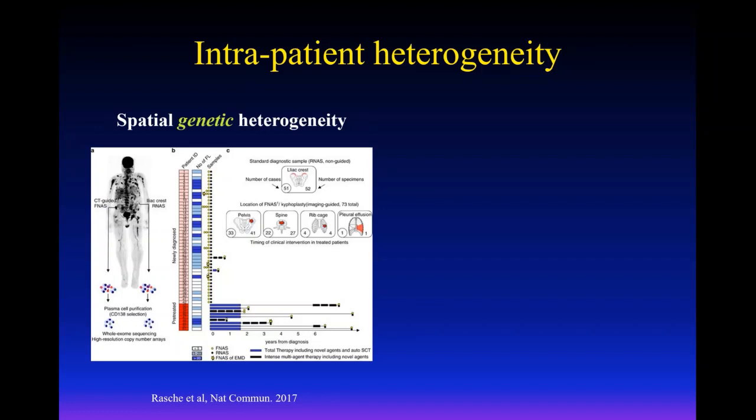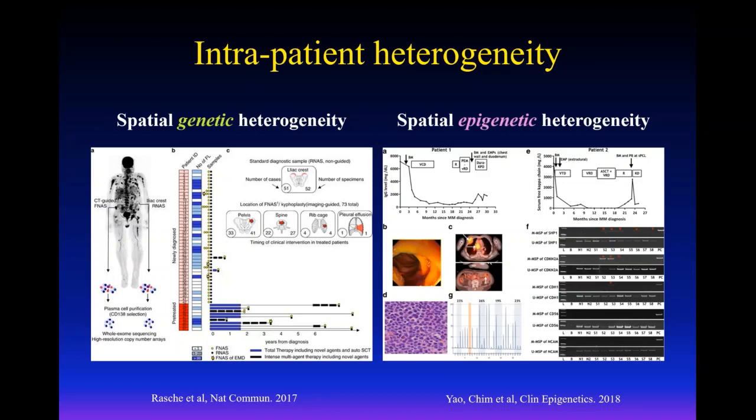And also, we have recently published the first illustration of spatial epigenetic, it's not genetic, epigenetic heterogeneity in patients. So therefore, single-site bone marrow disease monitoring is probably not sufficient.